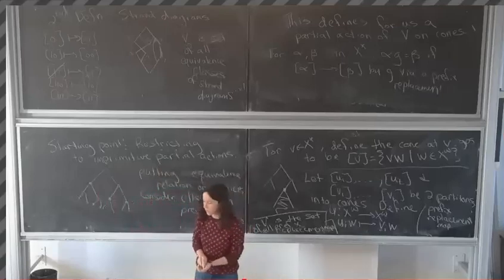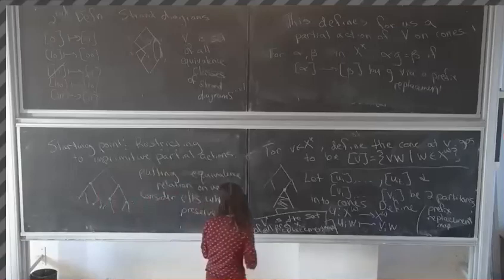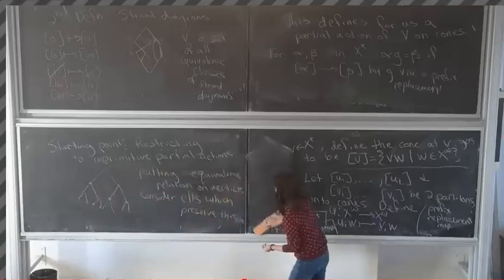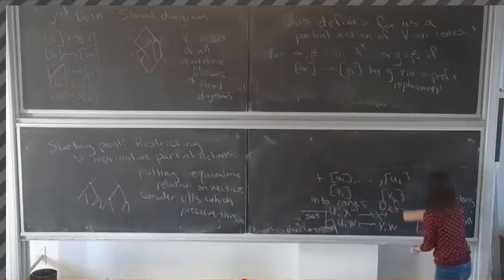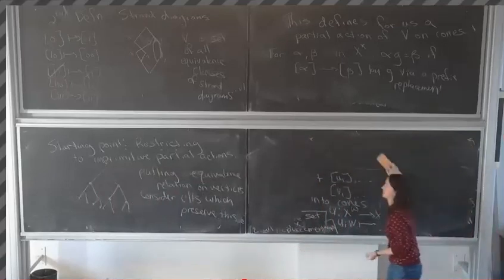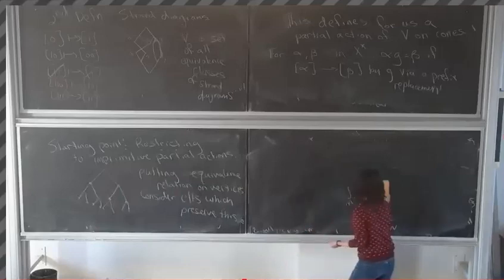All right, but an arbitrary coloring of the tree is not necessarily going to be compatible with this partial action of V. So we put a couple of restrictions on the types of colorings we're going to look at.